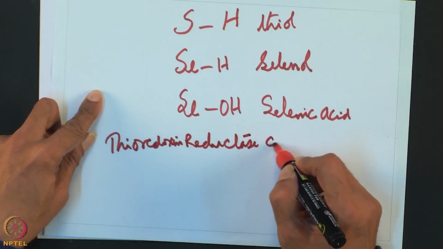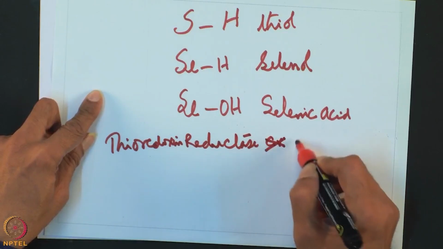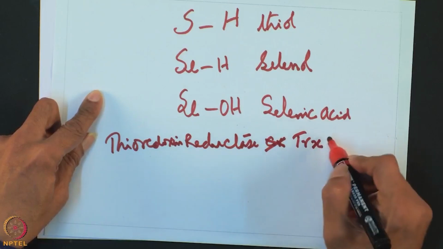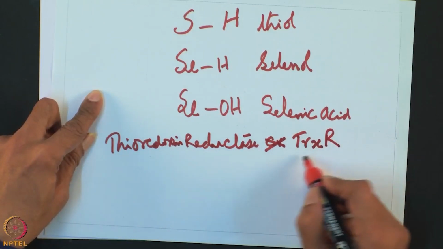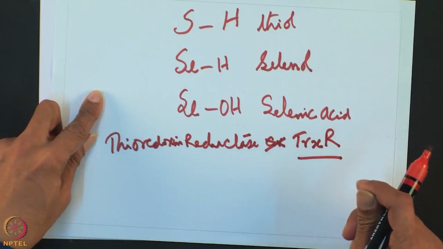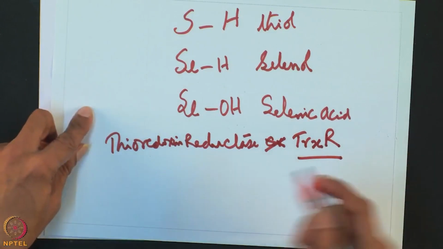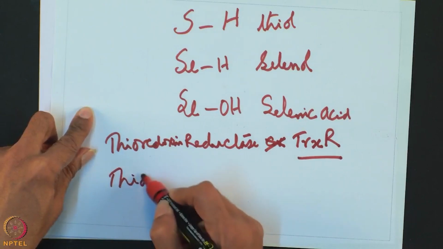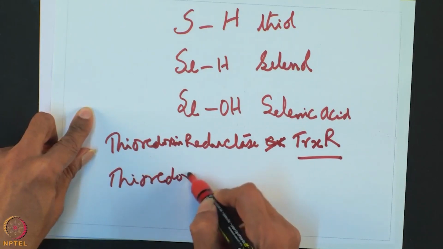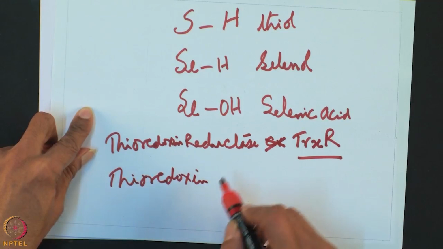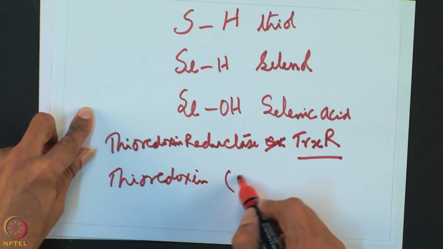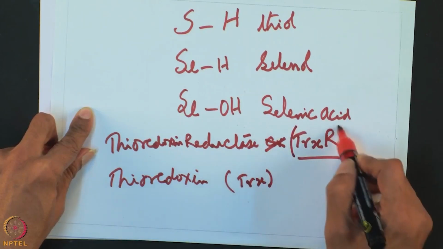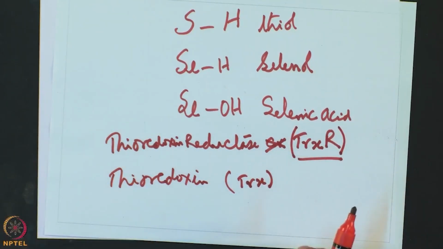Thioredoxin is referred to as TRX, and this is referred to as TRXR.